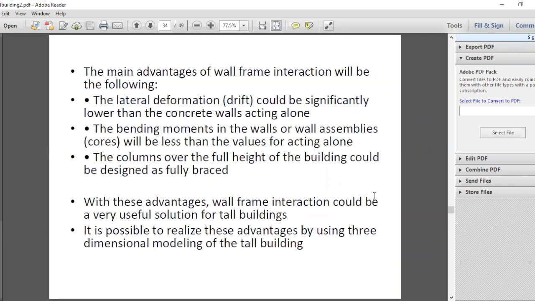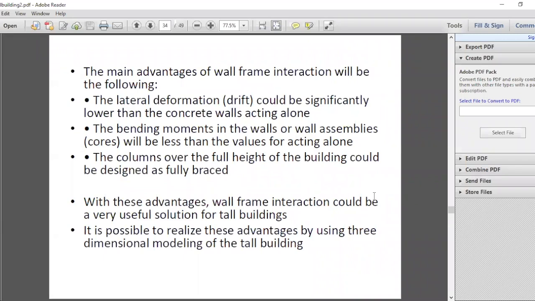So that's the difference between braced and unbraced. In a braced structure, the columns cannot move in an uncontrollable manner because there are other elements that will prevent that kind of movement. Whereas in an unbraced structure, there's nobody. But in the case of wall frame interaction, the wall appears weaker because it's so tall.